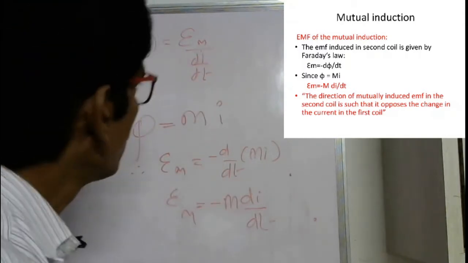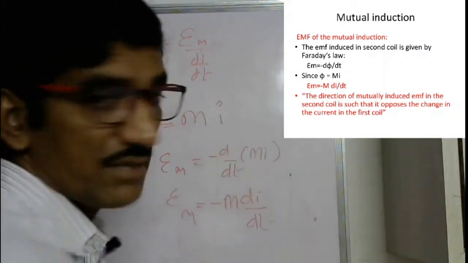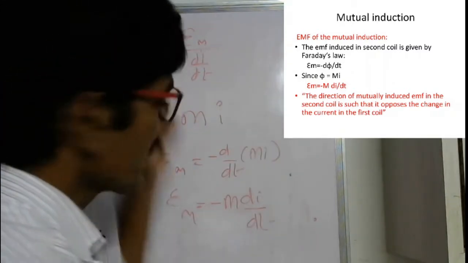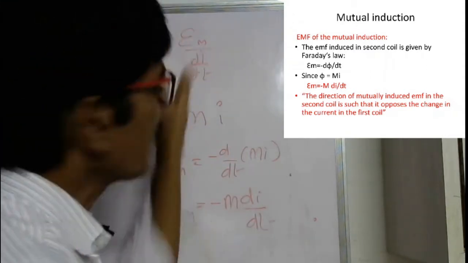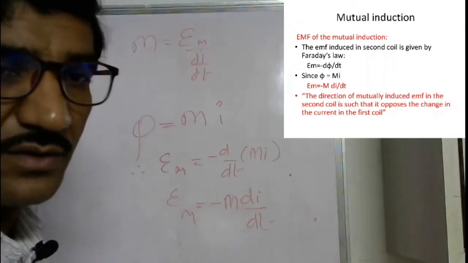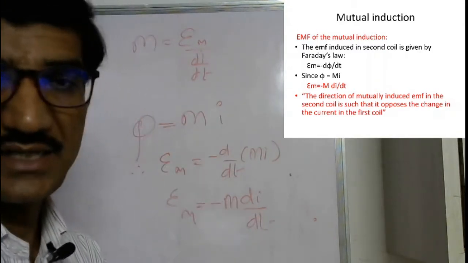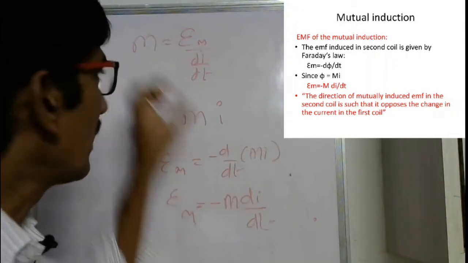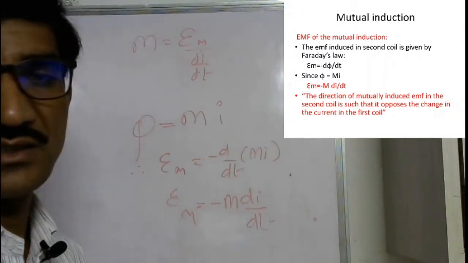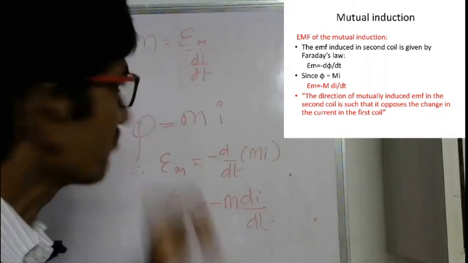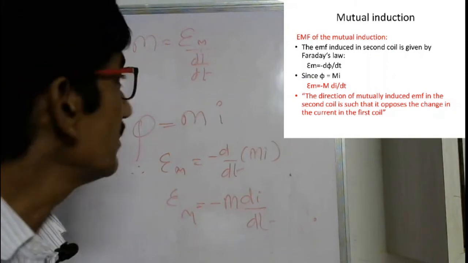Whenever you make this unit 1 ampere per second, then your EMF is nothing but the mutual induction. Whenever you make it 1, mutual induction becomes just the induced EMF.